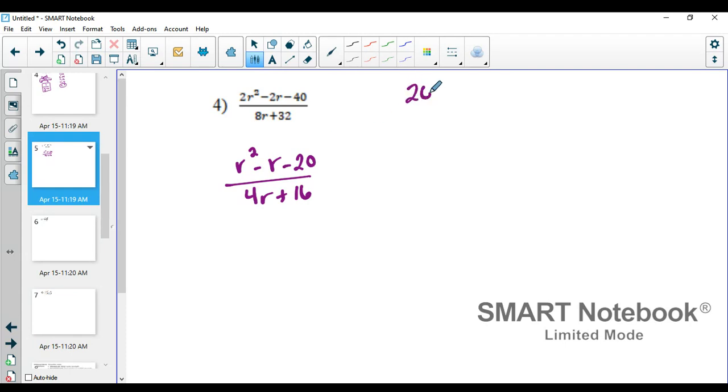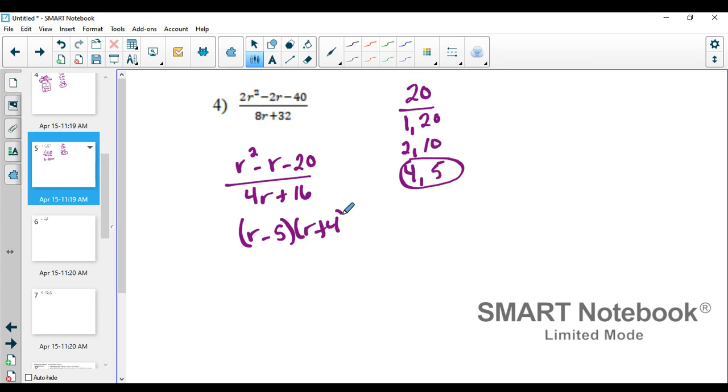So the factors of 20: 1 and 20, 2 and 10, 4 and 5. So in order to get negative 1, we have to use 4 and 5. So we have r minus 5 times r plus 4. And then in the denominator, there is a common factor of 4 we can still take out of that.